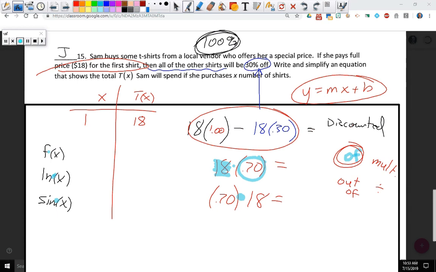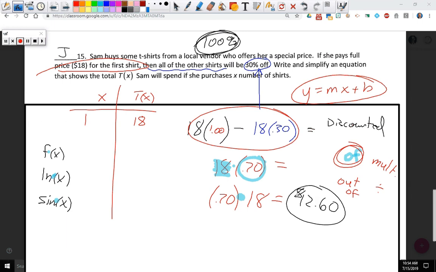Now, if it's 30% off and you're expected to pay 70%, can someone tell me how much would that be? 12.6. Okay?